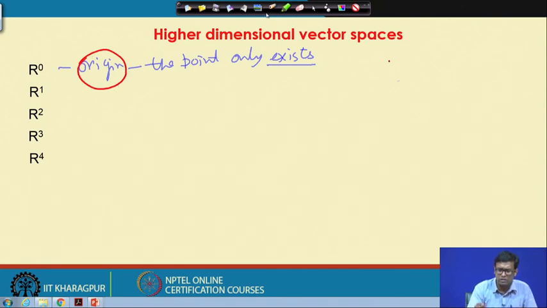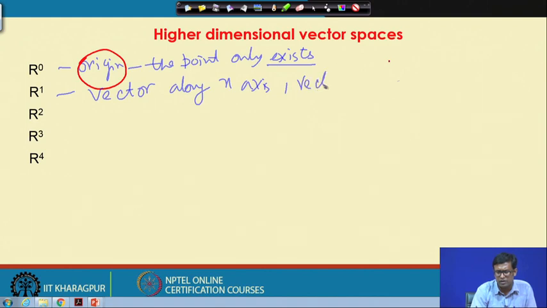What will be R1 is a single dimensional vector space. We can think of a vector along the x axis with length only. It has no inclination, no orientation.